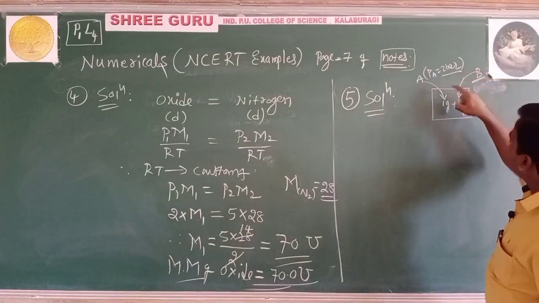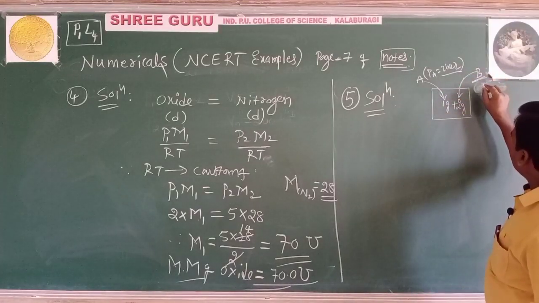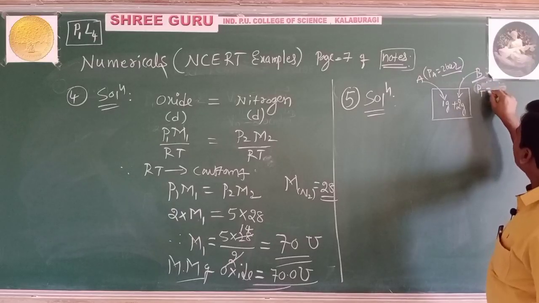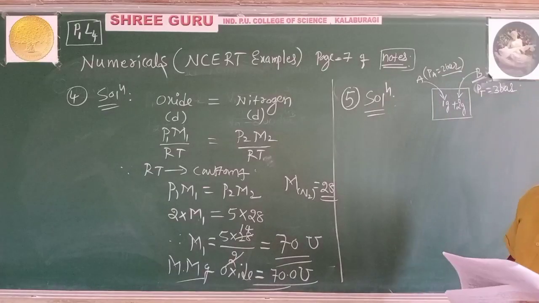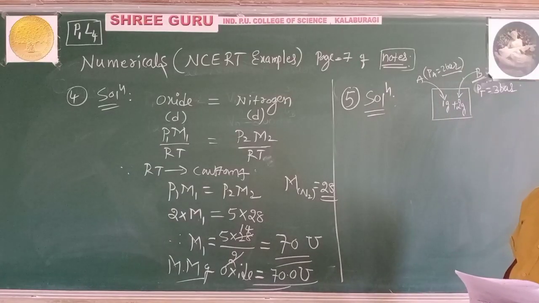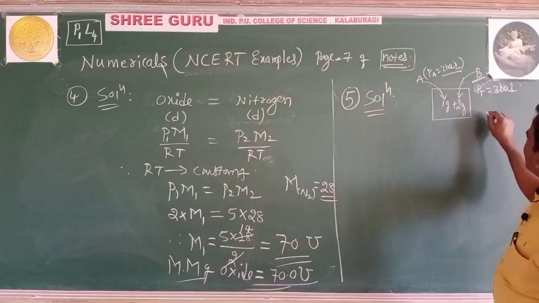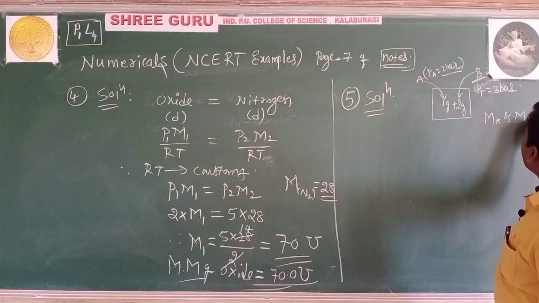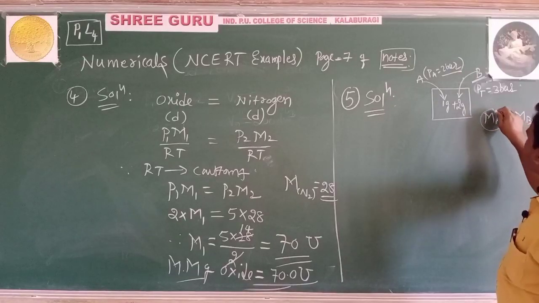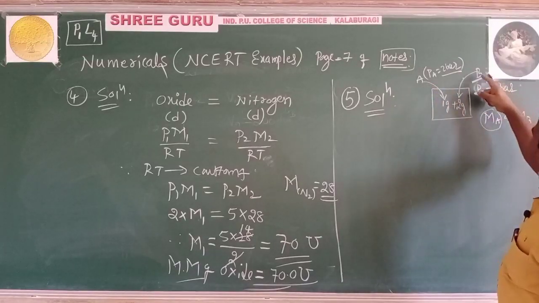After mixing B with A, the pressure becomes P total, 3 bar. Then what is asked? Find the relationship between their molecular masses, that is, the relation between MA and MB. MA is the molar mass of gas A, MB the molar mass of gas B.